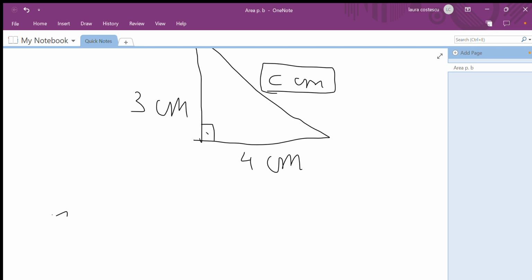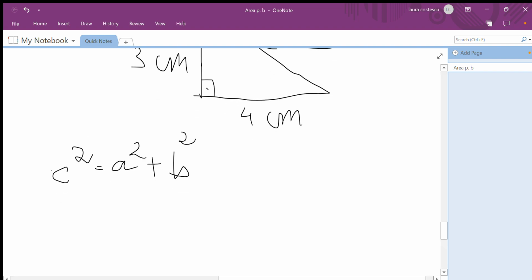Well, c squared centimeters, we know that it just equals a squared plus b squared. That's our formula. What's a and b? Well, a can be 3 centimeters or 4 centimeters. It doesn't matter. And b can be either 3 centimeters or 4 centimeters, depending on what a is.